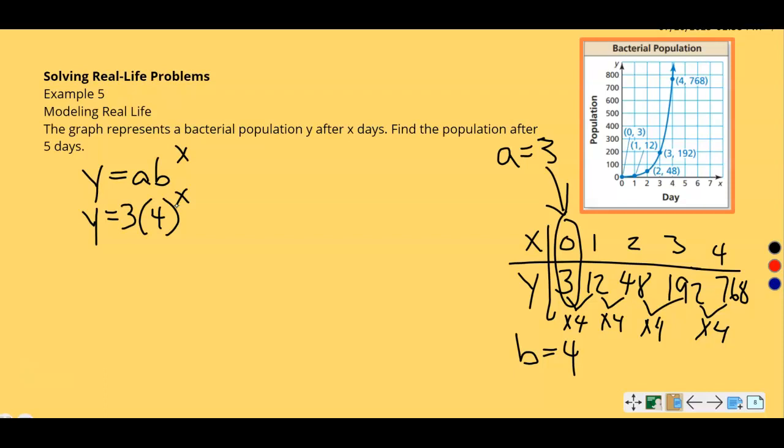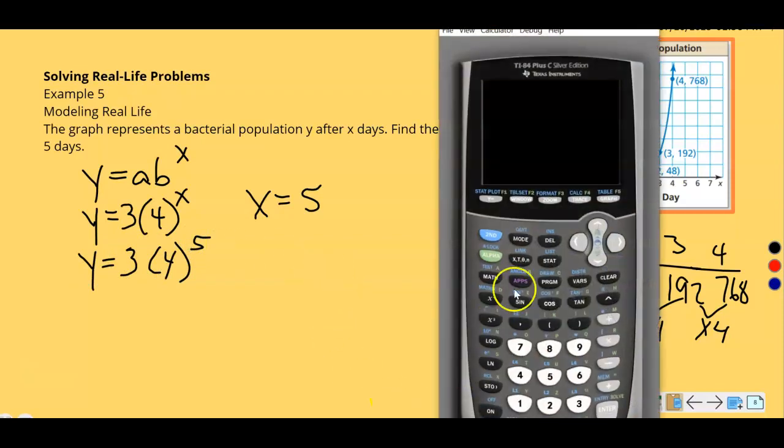But this says find the population after 5 days. All right, so if we want to know after 5 days, that means let x equal 5. So y equals 3 times 4 to the 5th power, and we can see what that is. Let's see.